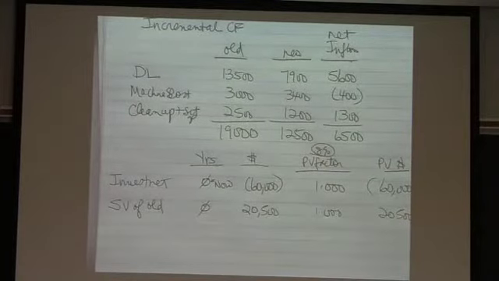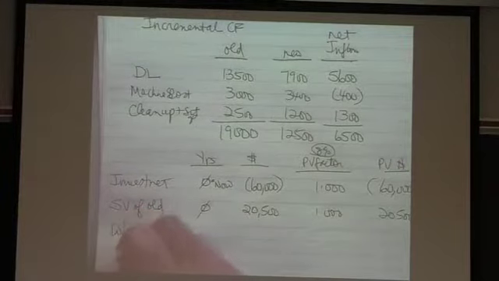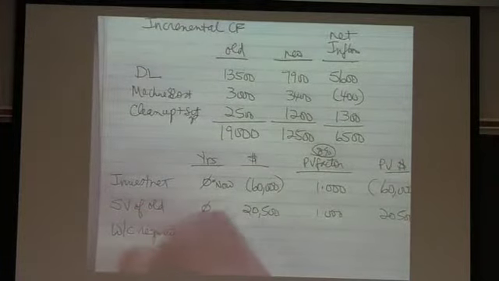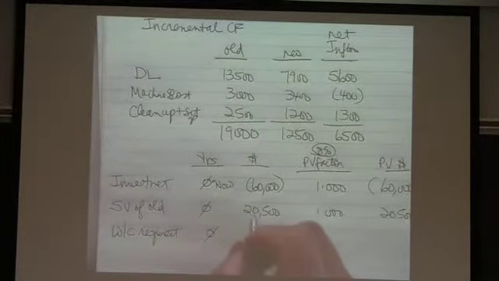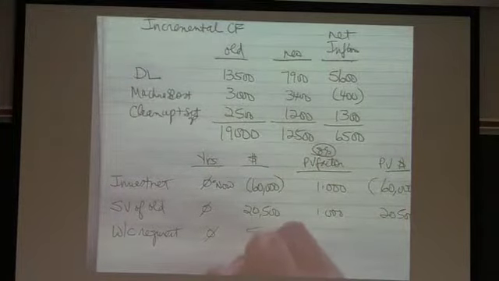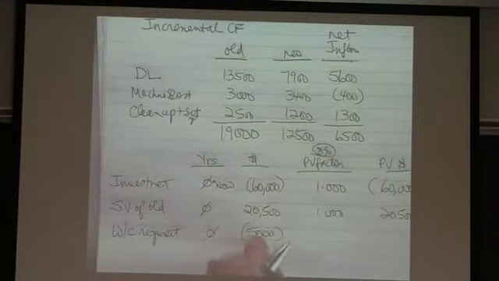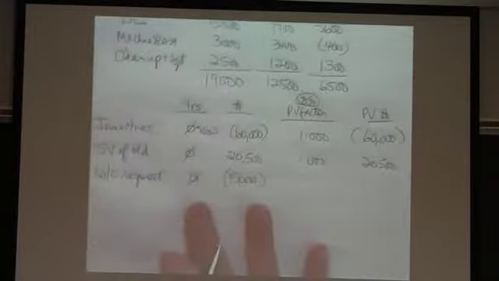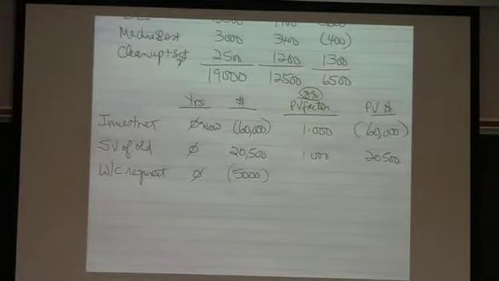Now, what else? We're told that there's a working capital requirement. And that one is for 5,000. So we're going to take that because that's a requirement. And basically it means that we're not able to use it or to make interest income on that.